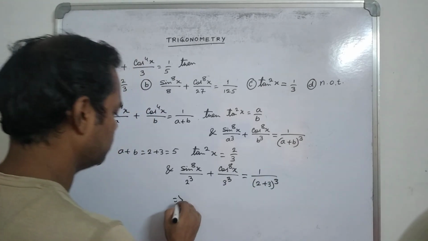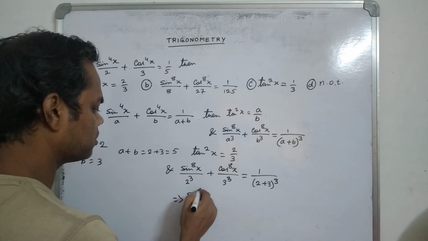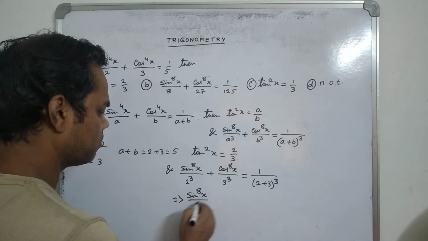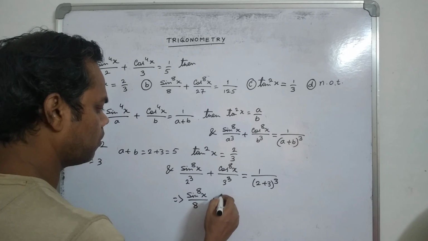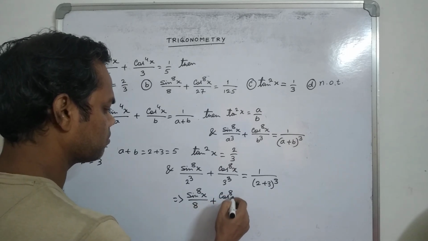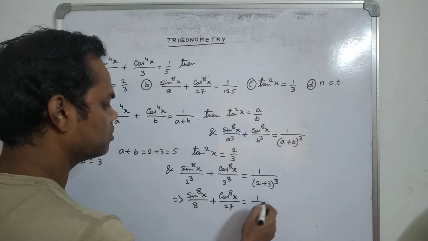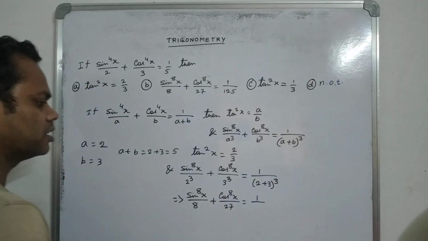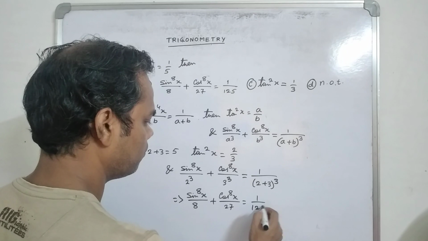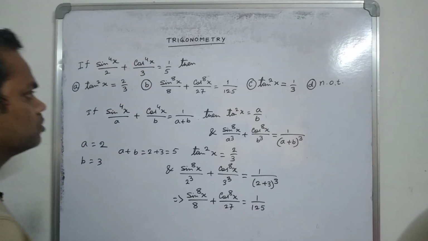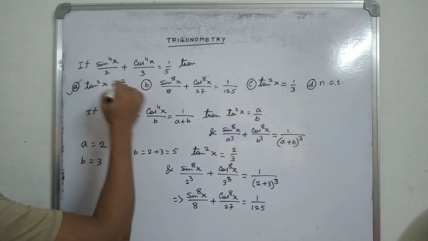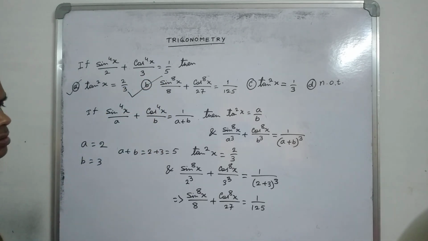So sin to the power 8x by 8 plus cos to the power 8x by 27 is equal to 1 by 5 cube, that is 1 by 125. So there are two correct options, option A and option B.